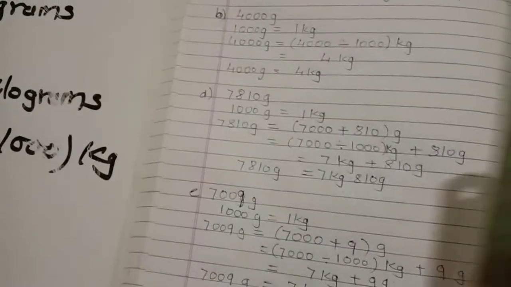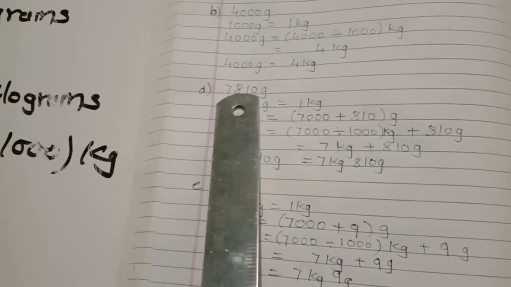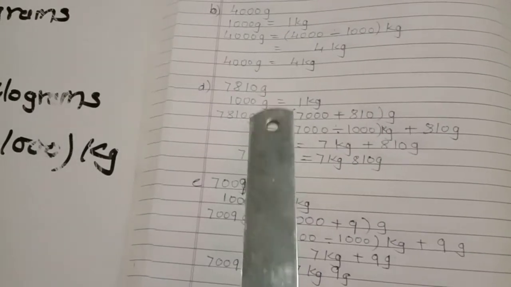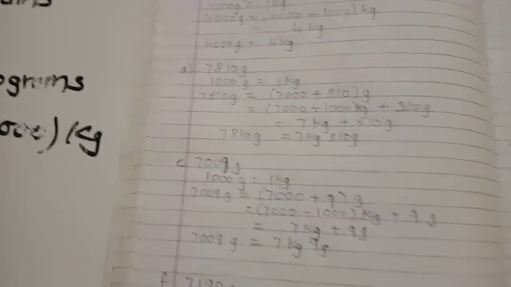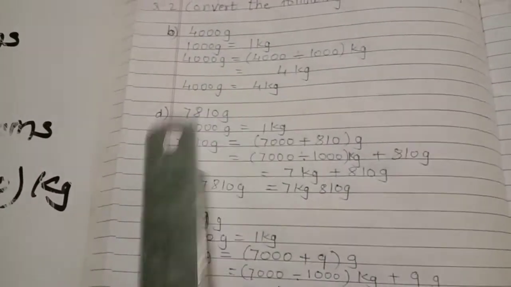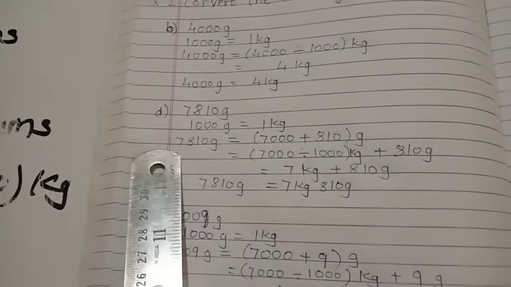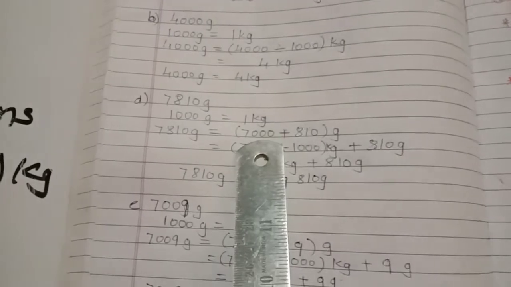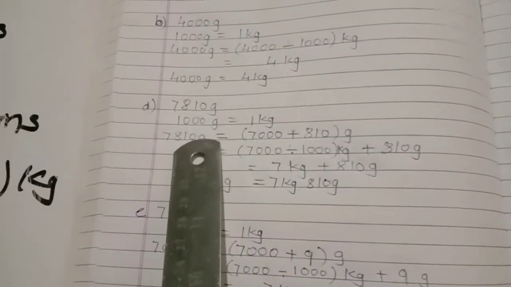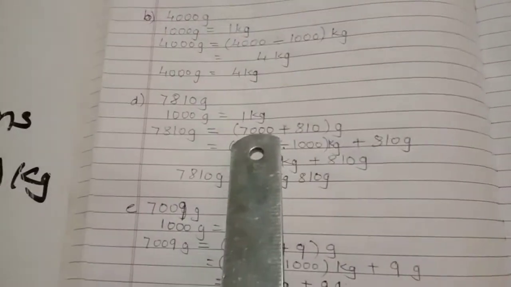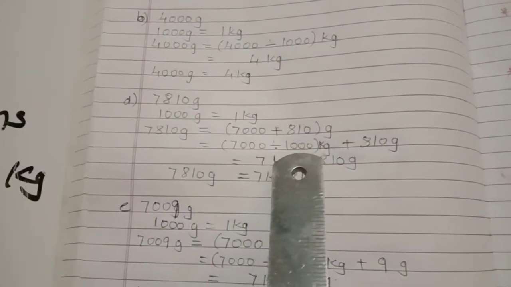That is the kilogram. Next D, 7810 grams. So you have to convert into, here 1000 gram is equal to 1 kg. 7810 gram is equal to 7000 plus 810, that is in gram. Then here 7000 divided by 1000.